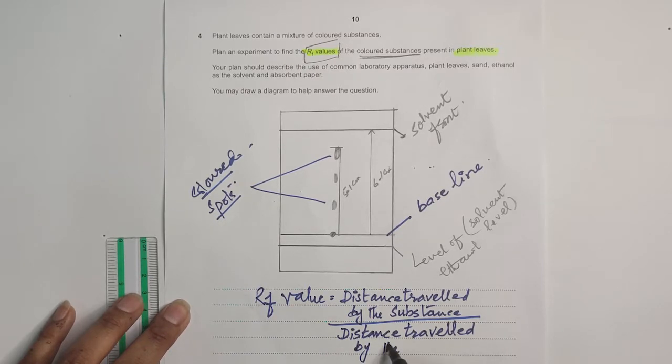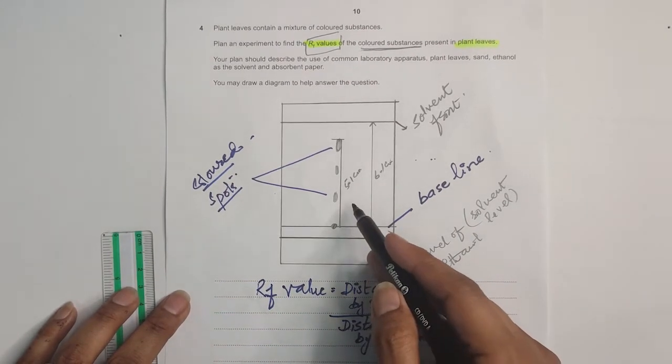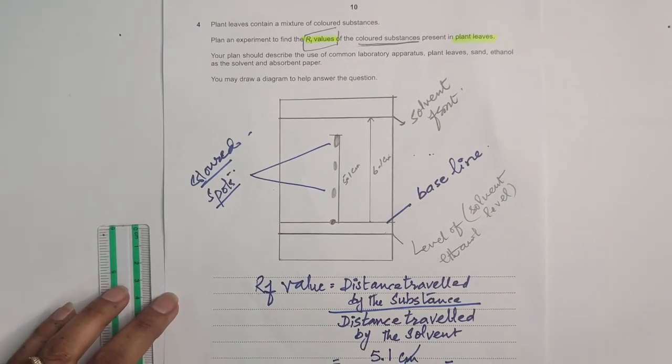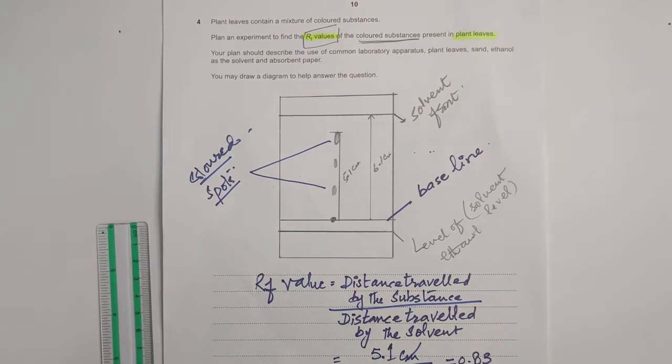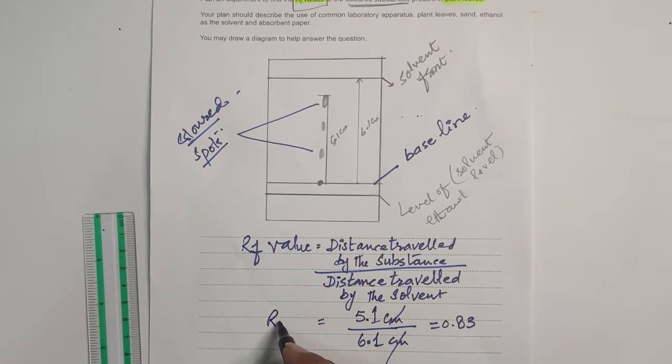So here are the values which we have taken: the distance traveled by the substance, 5.1, divided by 6.1 centimeters. Both centimeters will cancel out. After dividing 5.1 by 6.1, we have got the answer 0.83. So this is our RF value.